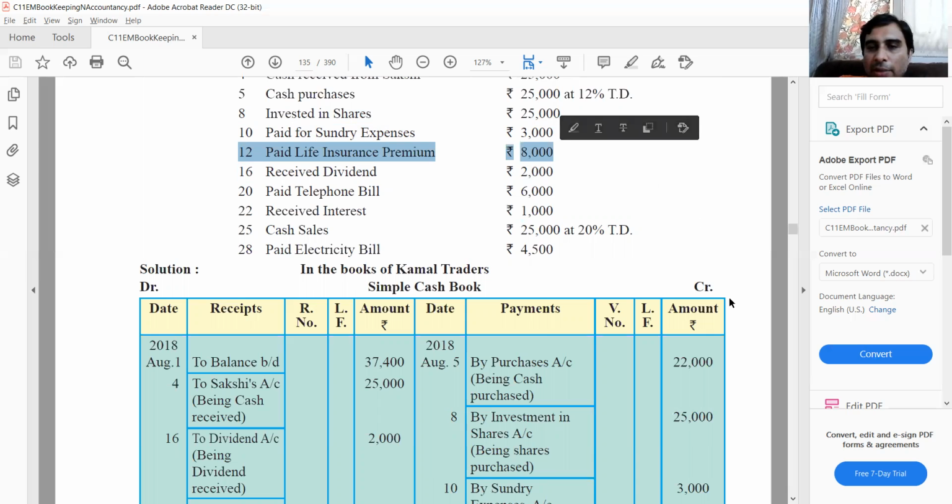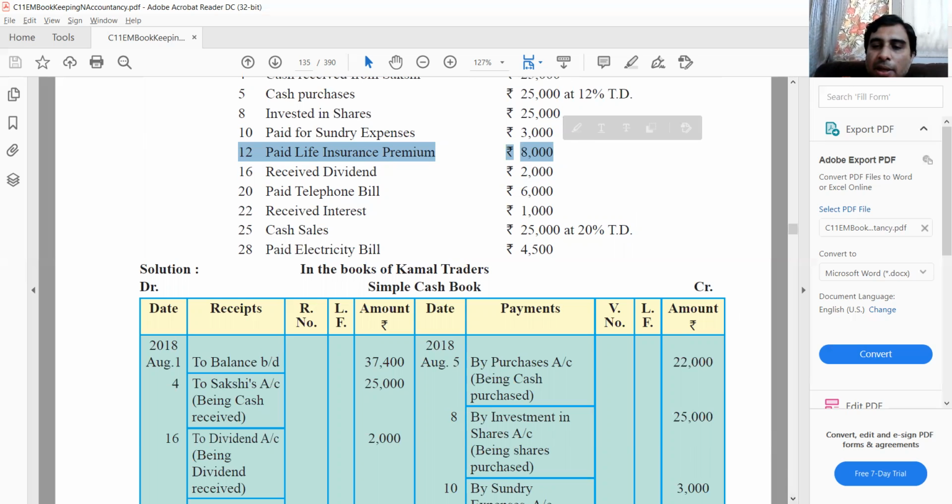Although you can pay key man insurance, when they don't use the word key man insurance, life insurance is the human being's insurance. So this is for the owner of the business. So this is drawings. Remember, this is a trick question. Once you know it, you will always get the answer right. This will not get recorded as life insurance premium.